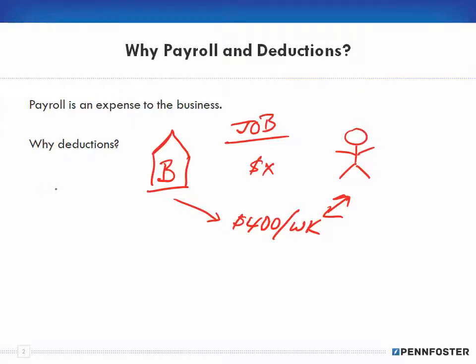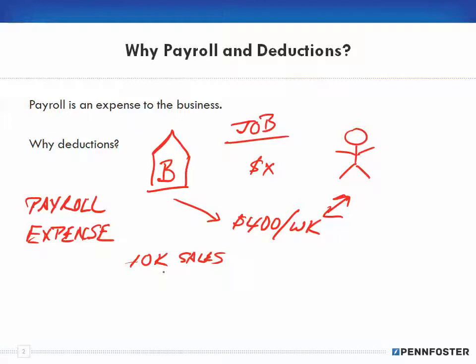From the business's perspective, as far as they're concerned, that is an expense. It is a payroll expense. And as far as they're concerned, that is all they should have to pay. In other words, let's say they make $10,000 in revenue in sales, and let's say they have 3,000 more in other expenses, and there's this $400 more for the payroll expense.